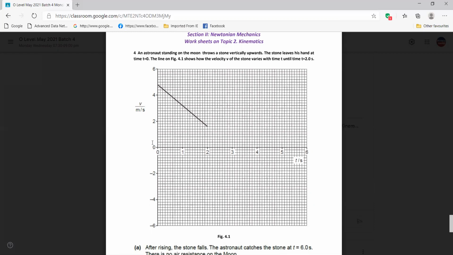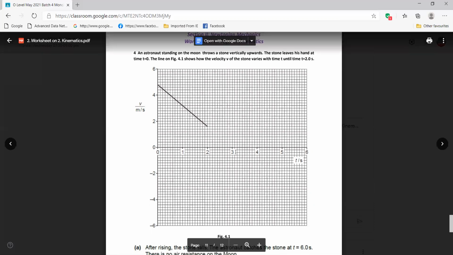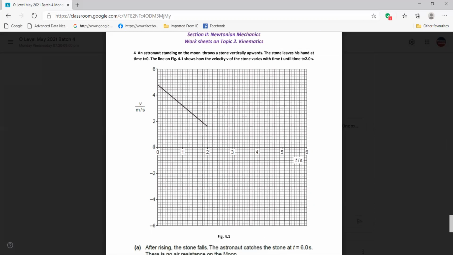Got it? So it would be 3 seconds. After 3 seconds, it reached maximum height when the velocity is 0. Clear to you? Yes, sir. That is the one I was saying.